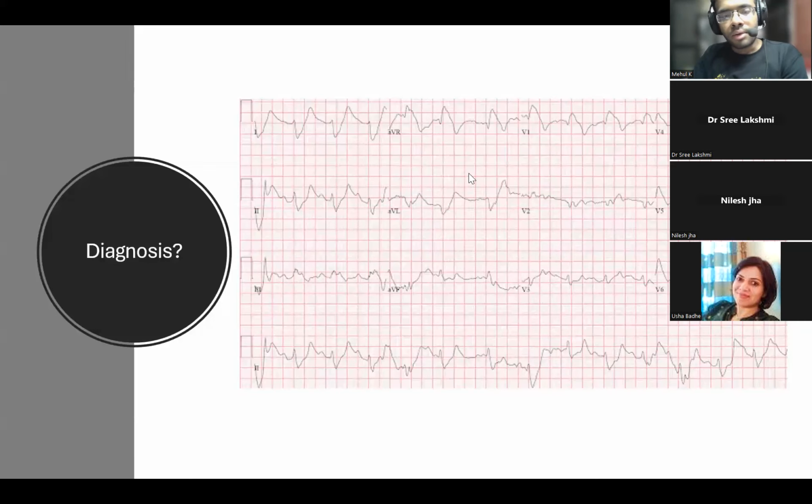The second thing is you definitely have a broad complex, but it's actually very, very broad. And if you look at the T waves here, you can see they are very pointed.